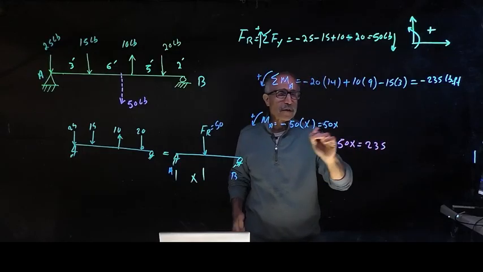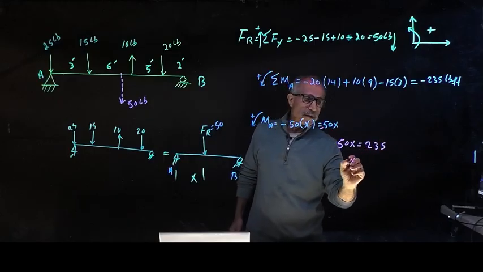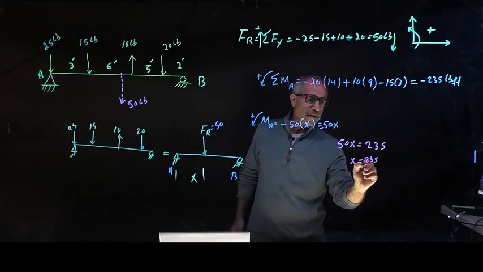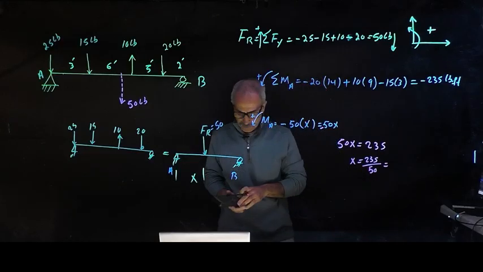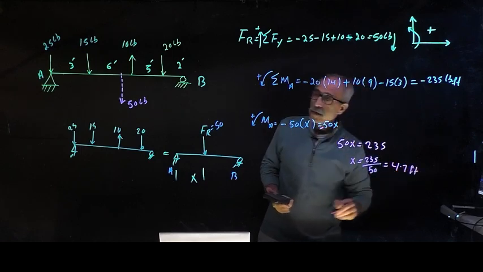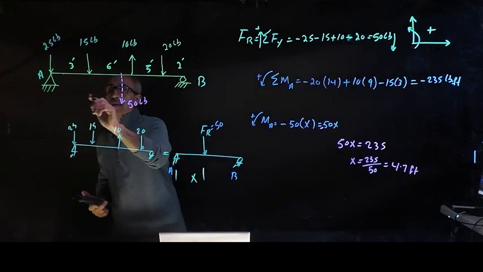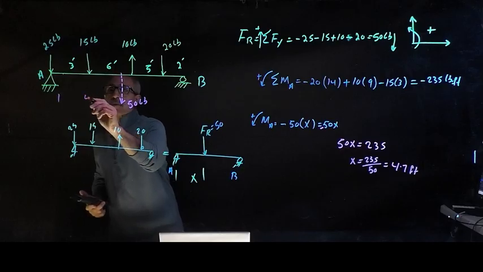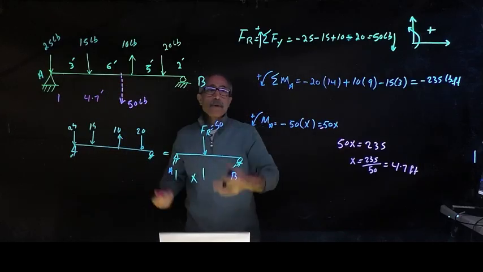They're both negative anyway, so I'm going to get rid of the negative sign. And therefore, x is equal to 235 divided by 50, and that gives me 4.7 feet. So this distance right here is 4.7 feet.